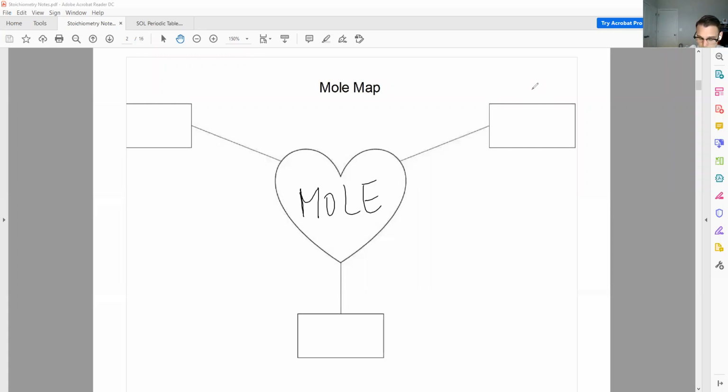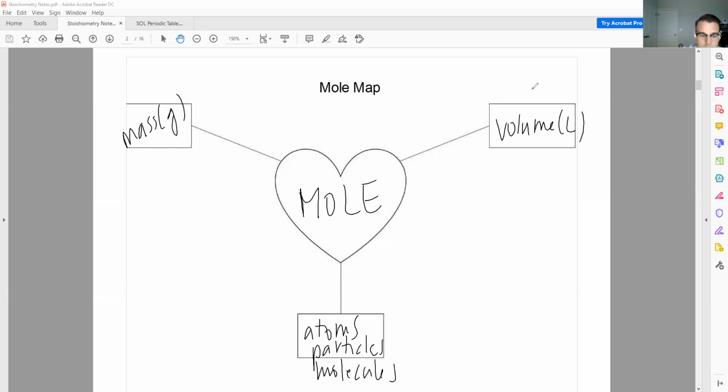And we can go from the mole to either mass, which would be in grams. We can go to volume, which would be in liters. And we can go to those entities, which were atoms, particles, molecules, right over here, formula units.